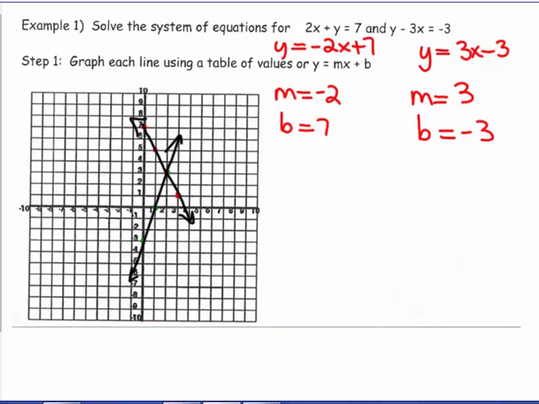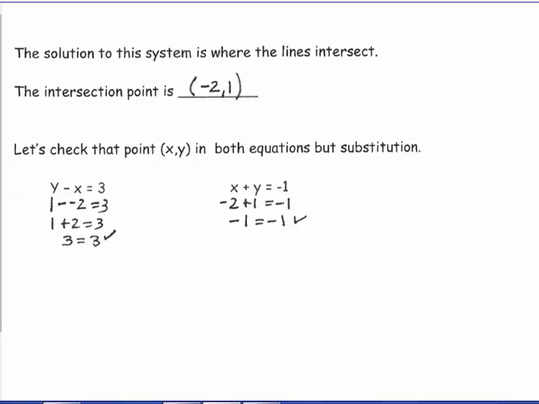And so we have both of our lines graphed on the graph paper, and make sure that you put it back into its original form when you label it. So this is the line 2x plus y equals 7, not the slope-intercept form that you've written out, the original given equation. So y minus 3x equals negative 3. And yes, they do have a common solution of 2, 3. Well, we've got to make sure that that works in both of the equations.